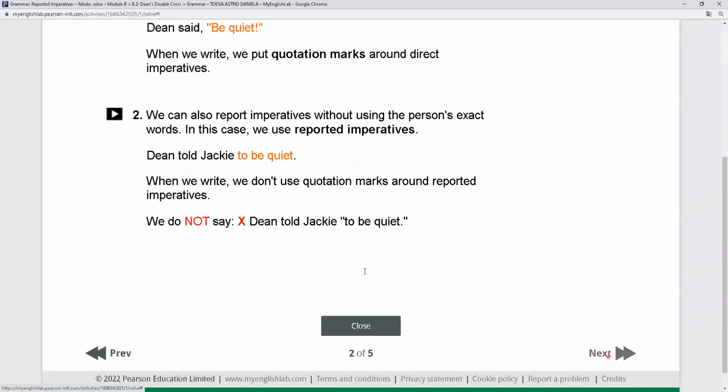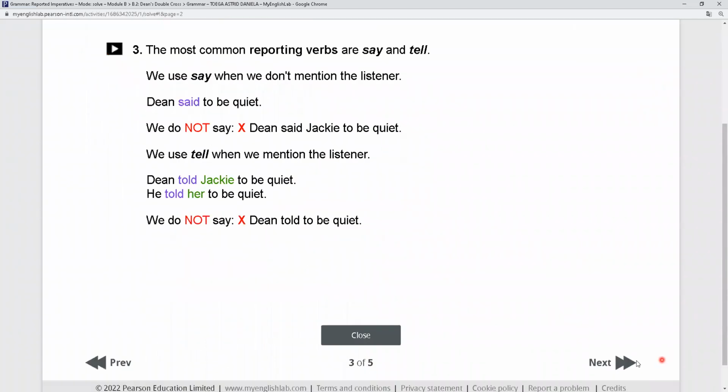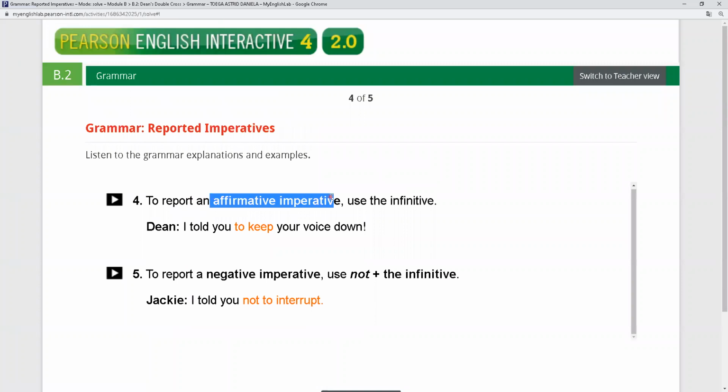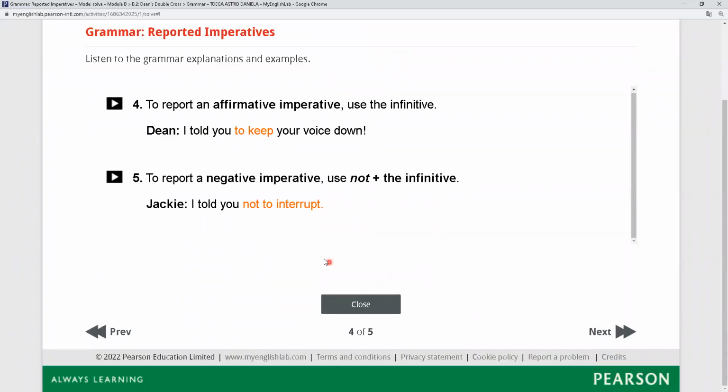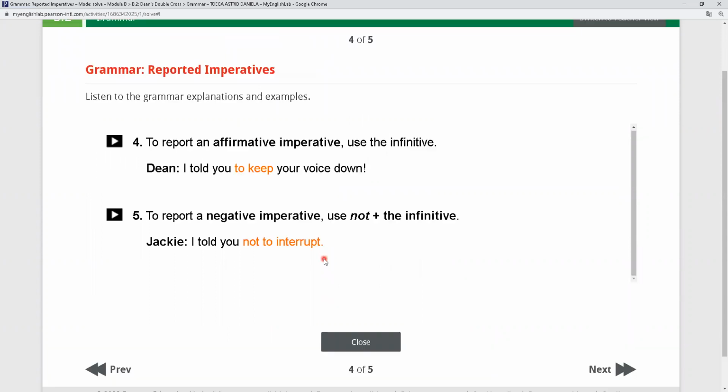Okay, so as you can see, in both affirmative and negative, we're going to use the infinitive, and I'm not going to modify anything else in the word. In some cases, yes, we have to change the object, and there we're going to look at the last page. How can we change it?